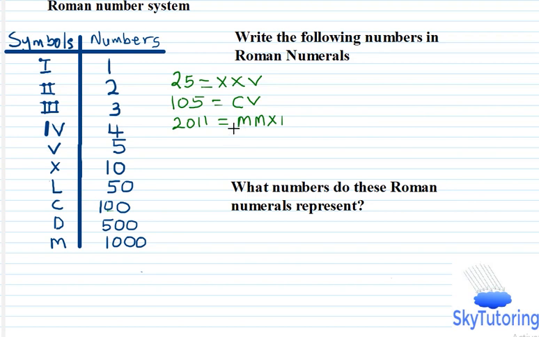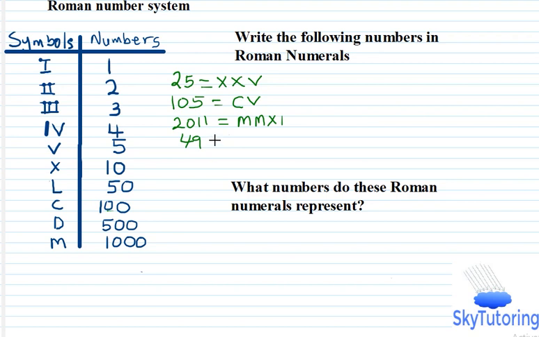Okay. Now, another thing to note about the Roman system is you cannot use the same symbol more than 3 times in a row. Take, for instance, if I want to represent the number 40 in the Roman system.